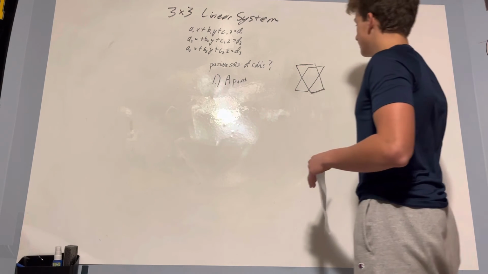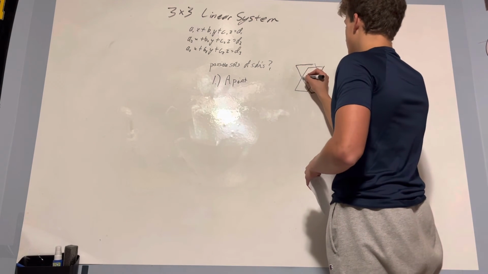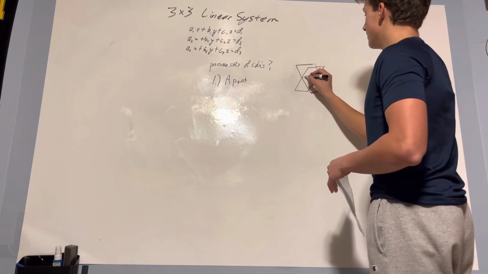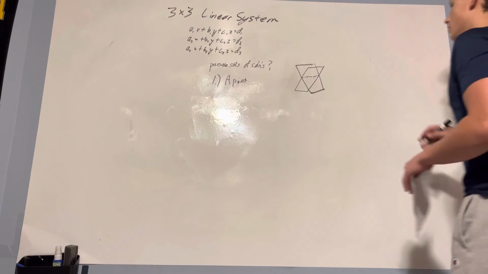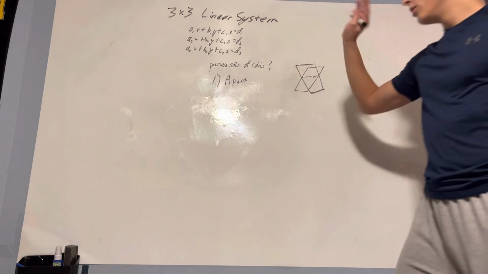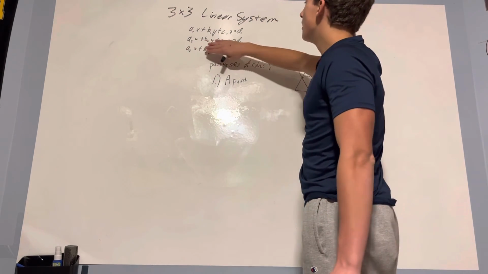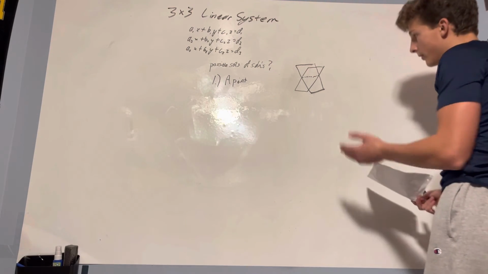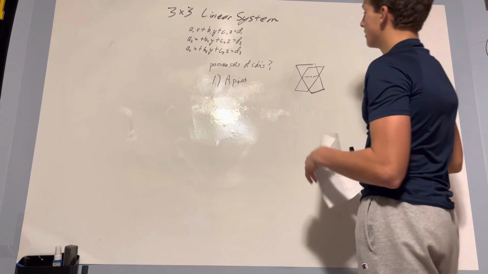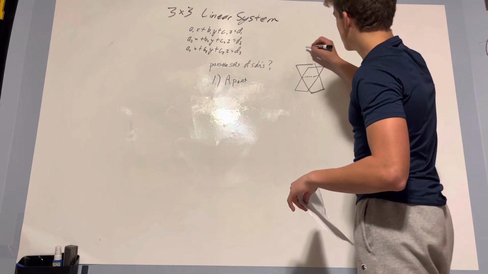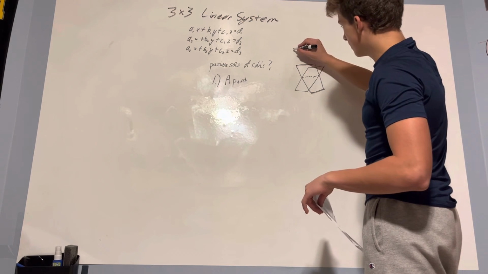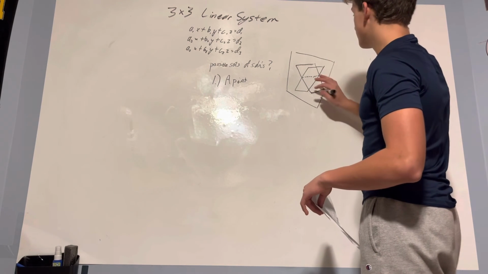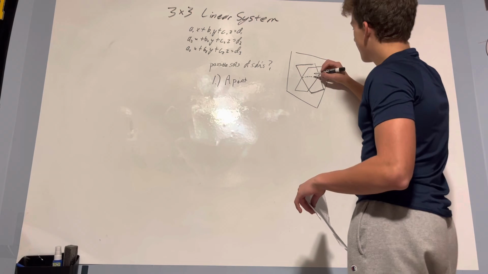But this one should be a little more clear. They would intersect in a line. So this is going to be the line that they intersect on. That's once we have two equations of planes, and if they're not parallel, then they'll intersect in a line. Now, if we add in a third plane, say a plane like that, and then that's like inside of that.